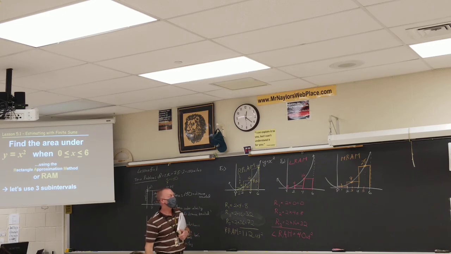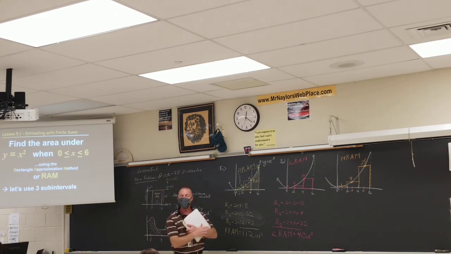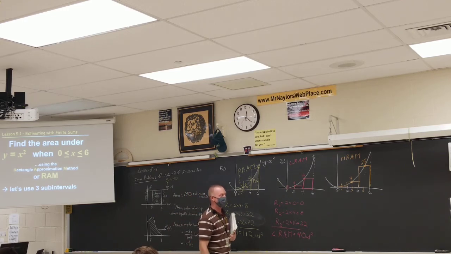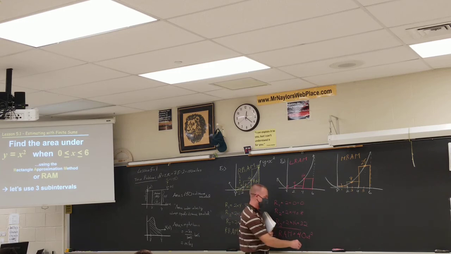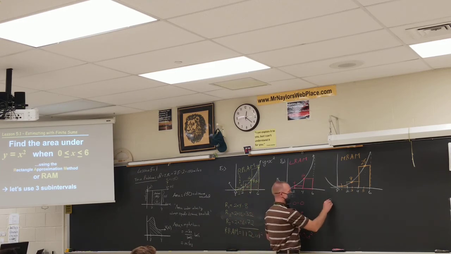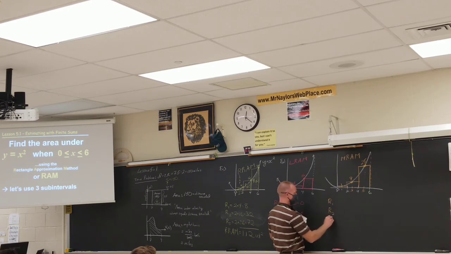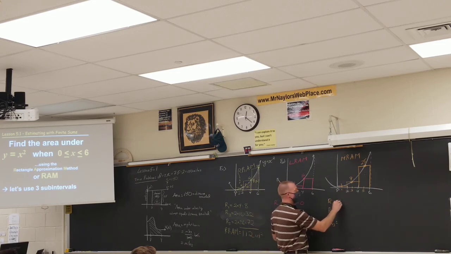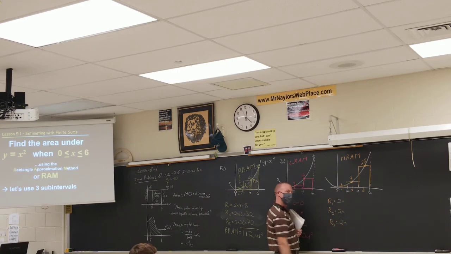Think about some of the things you're doing for every problem. For every problem, you're using y values. Those y values are actually the dimensions or part of the dimensions of each rectangle. Make sure you're still using the overall width. The overall width was decided way back in the beginning to be 2.